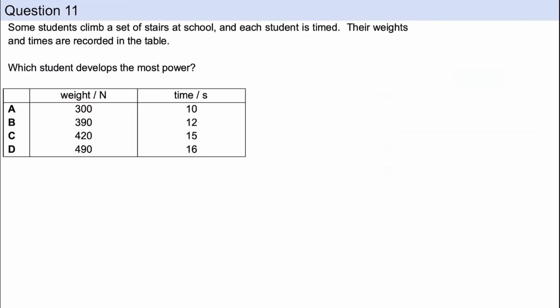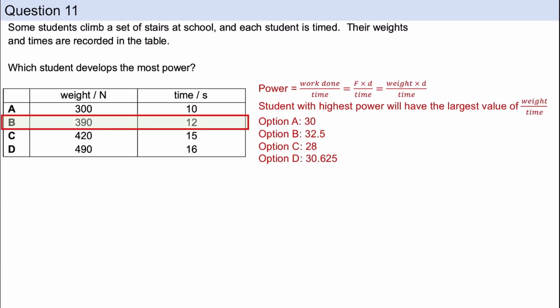In question 11, you are asked to find which student develops the most power when they climb up a set of stairs. Power is given by work done over time, which is force times distance over time. In this question, it will be weight times distance divided by time.